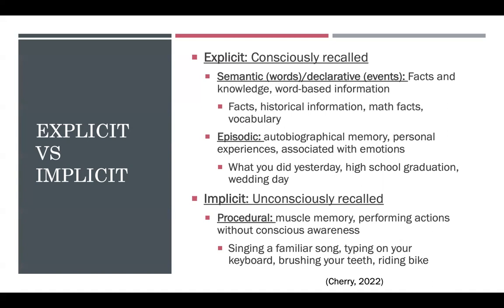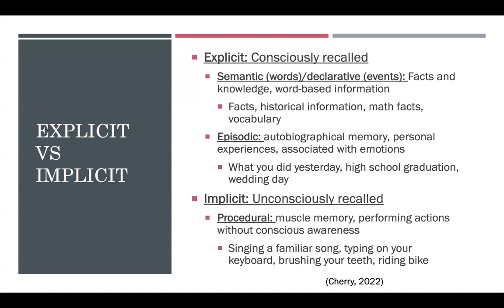The one type of implicit memory we have is called procedural, meaning muscle memory or performing actions without conscious awareness. Some examples of procedural memory are singing a familiar song, typing on your keyboard, brushing your teeth, or riding your bike. These types of memories you should do without having to think about it.